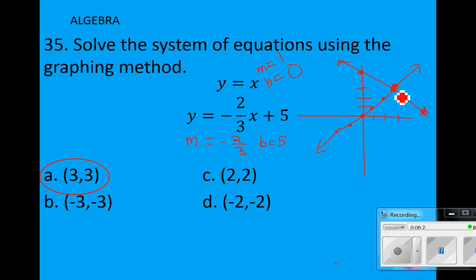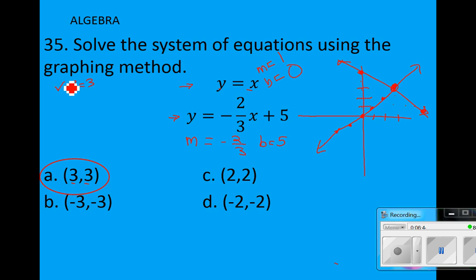Now I want to give you a little strategy, because if you can't graph and you can't solve this with the substitution method, then you are going to want to take your answer choices and substitute them into each equation. For example, if I take 3, 3, and substitute it into y equals x, that would be 3 equals 3. And that's true. So I get a yes.